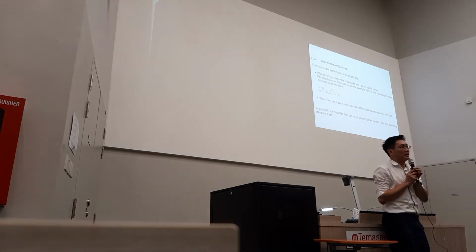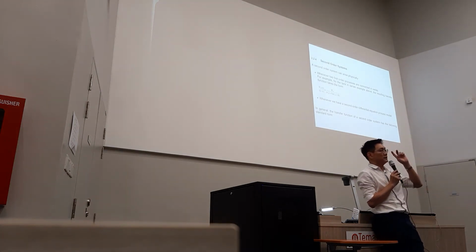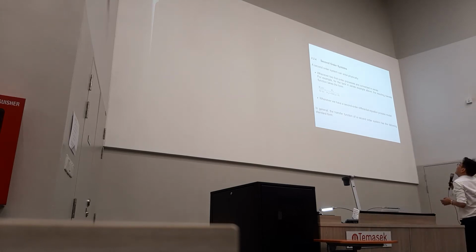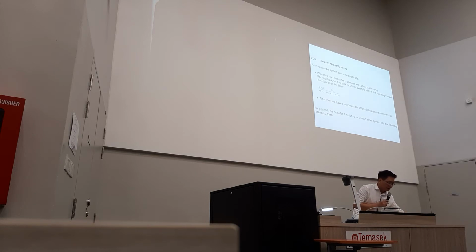Today we're going to start a new topic, which is the second order system. The second order system is actually quite complicated. We will learn a very basic concept for this second order system.